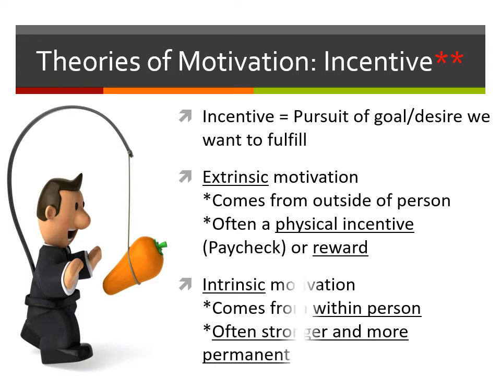And then the next type is intrinsic. So intrinsic motivation means that we are pushed to behave in a way by something inside of us. So an example would be feeling good about doing the right thing or feeling accomplished when reaching a goal. Intrinsic often sticks better. The other way is a little bit more like bribery.